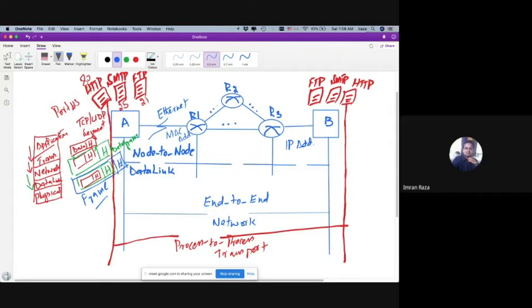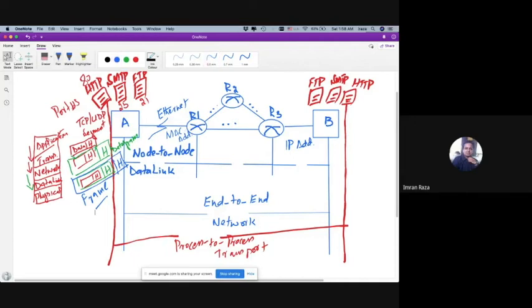And again, if we look at the header field, it has many different fields, but two fields are important considering the scenario. Yes, you're right. One field is the MAC address of the sender in this scenario, and the other field is the MAC address of this port of router R1.